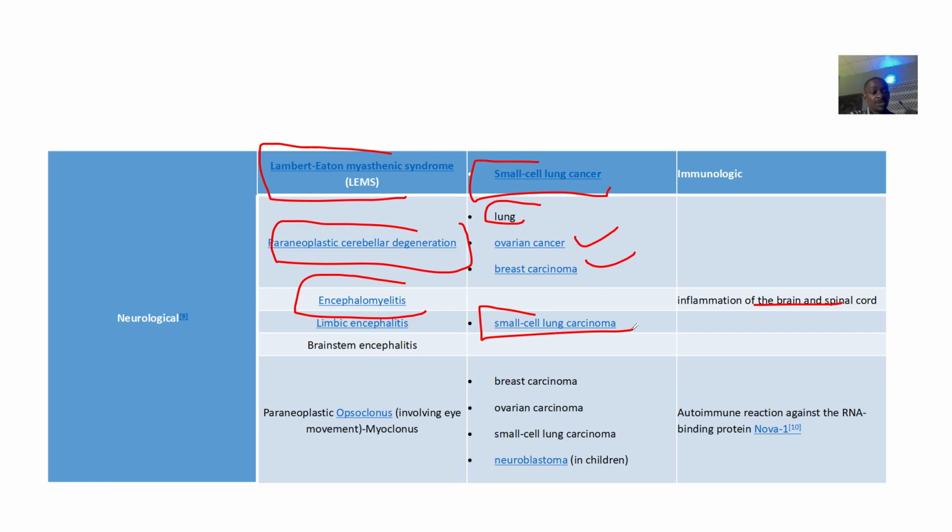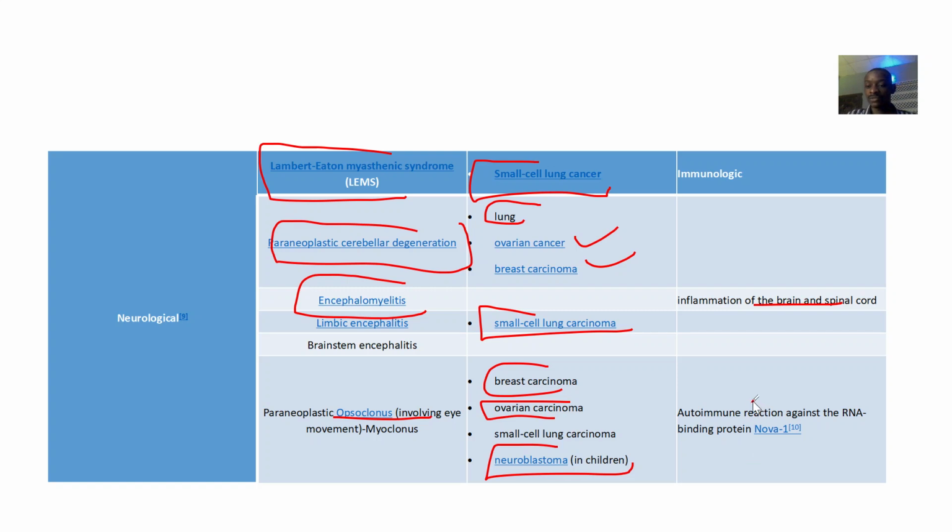Of course, that inflammation can cause release of several unwanted things into the system, causing the paraneoplastic syndrome. Then paraneoplastic opsoclonus, which is the involvement of eye movement, can result from breast cancer, ovarian cancer, small cell lung cancer, and neuroblastoma in children.